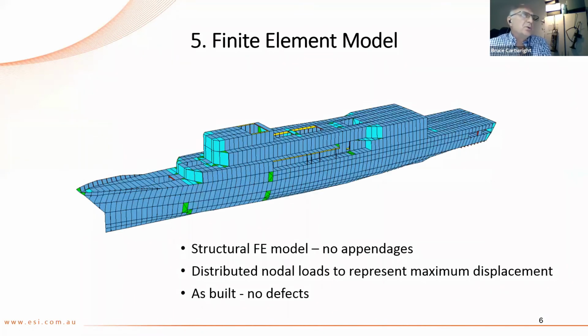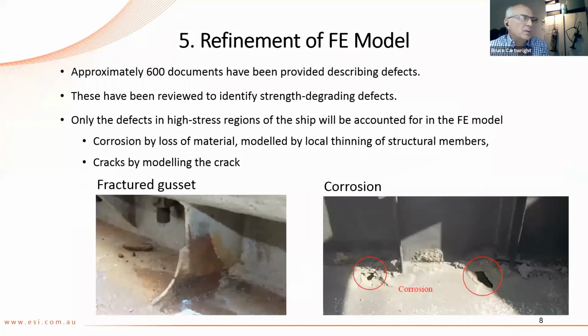So that's the model that we received from our partners of the boat. It's purely structural. There's no appendages, and it represents the boat in the as-built condition, if you like. But that's not really what we want. We really want to model a boat that's been in service for a while and has some sort of degradation.